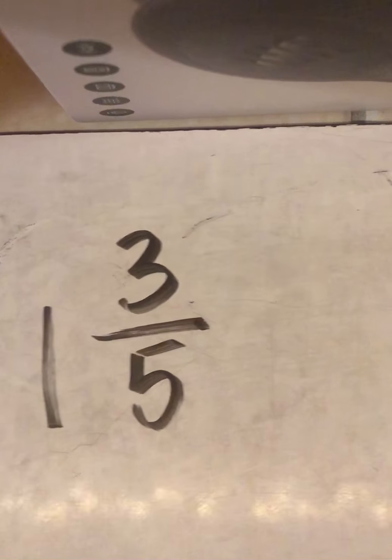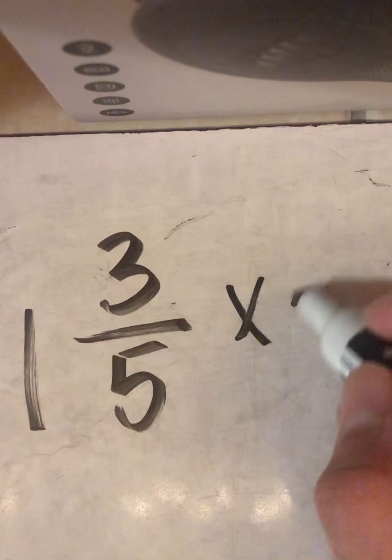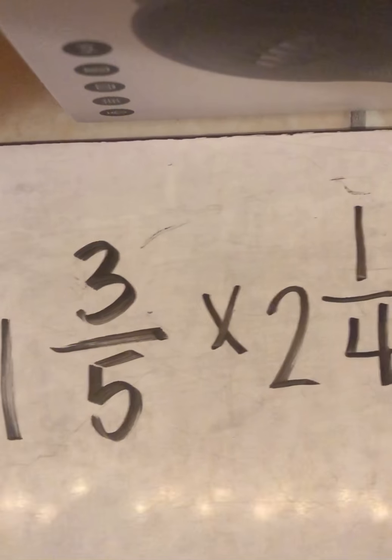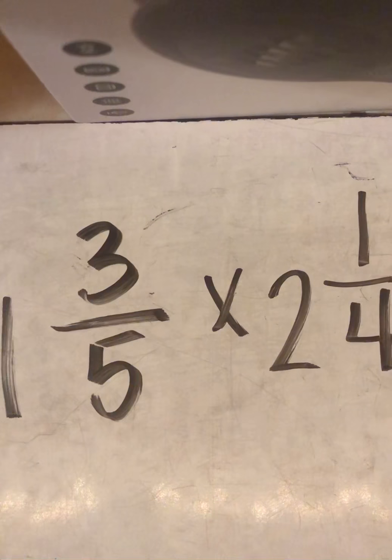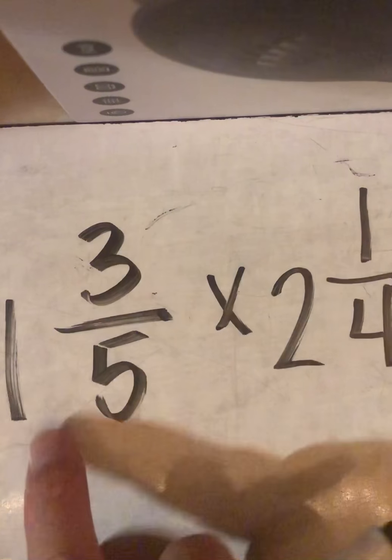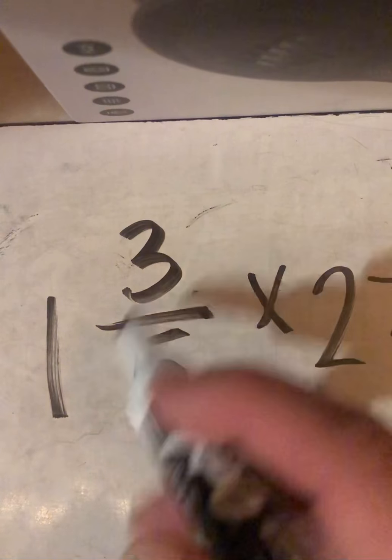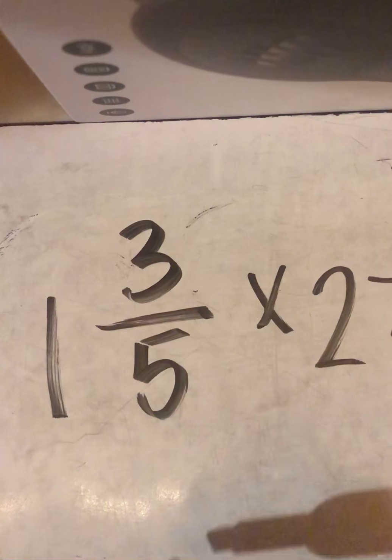So 1 3/5 times 2 1/4. Step 1 is to convert the mixed numbers into improper fractions. To do so, 5 times 1 is 5, plus 3 is 8.